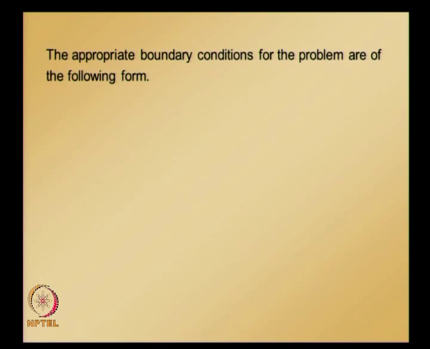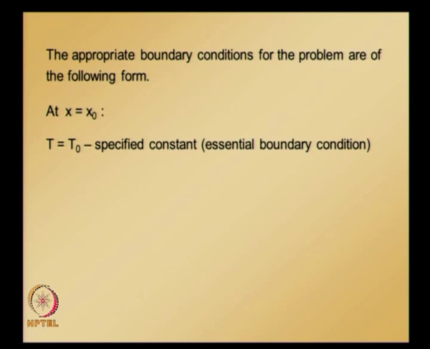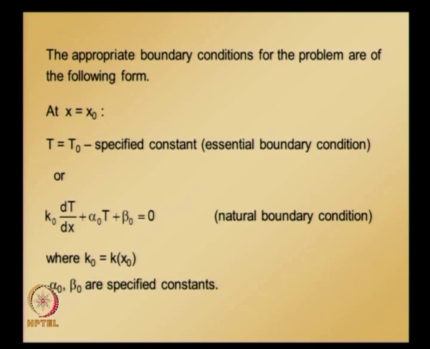The appropriate boundary conditions for the problem are of the following form. At x is equal to x naught, either you can have an essential boundary condition specified, that is the field variable t is equal to t naught, a specified constant, or a boundary condition which involves the first derivative of the field variable, that is k naught times derivative of t with respect to x plus alpha naught times t plus beta naught is equal to 0.